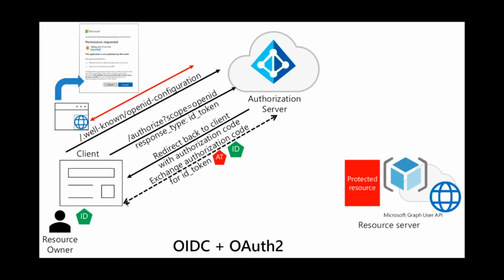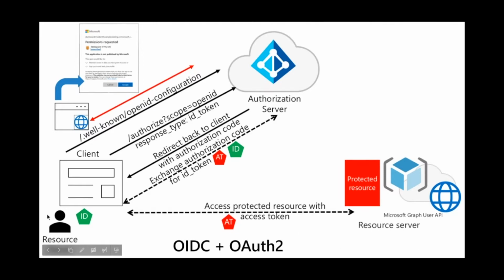The client will process the ID token and extract the necessary claims about the user. And since OpenID Connect is built on OAuth2, we can still receive an access token to use with a protected resource. But now we can display a customized UI for the resource owner based on the claims from the ID token.